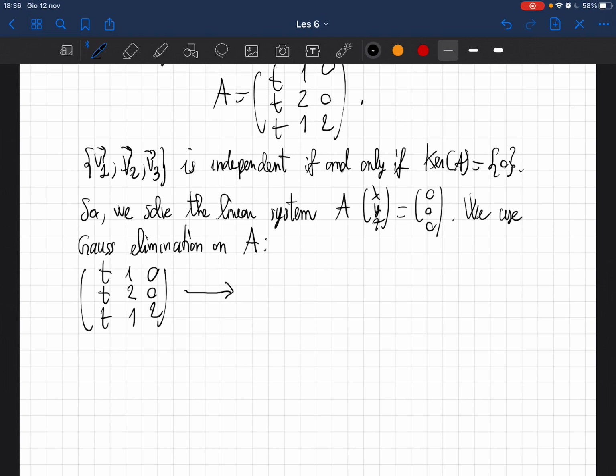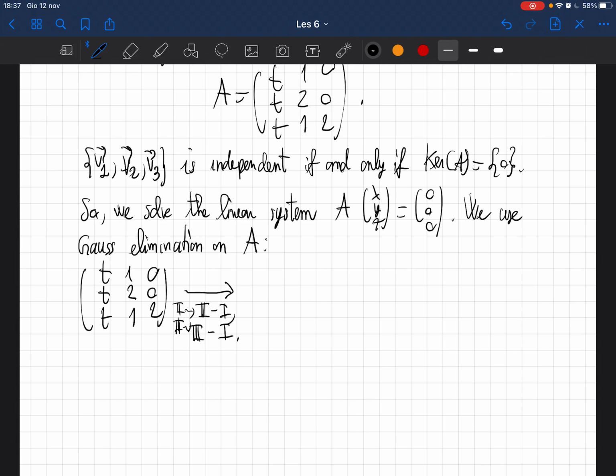So for example, here you say that you can do row 2 minus row 1, row 3 minus row 1.